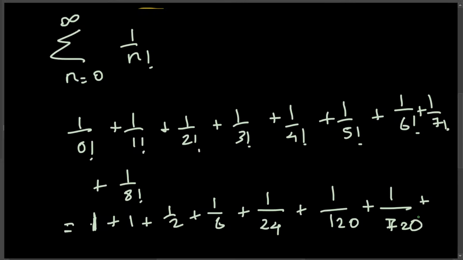So 720 times 7 is what? 720 times 5 is 3600, plus 1440. If you add that, you get 5040. 1 over 5040 here. And for 1 over 8 factorial, you multiply 5040 by 8, and you get 40,320.